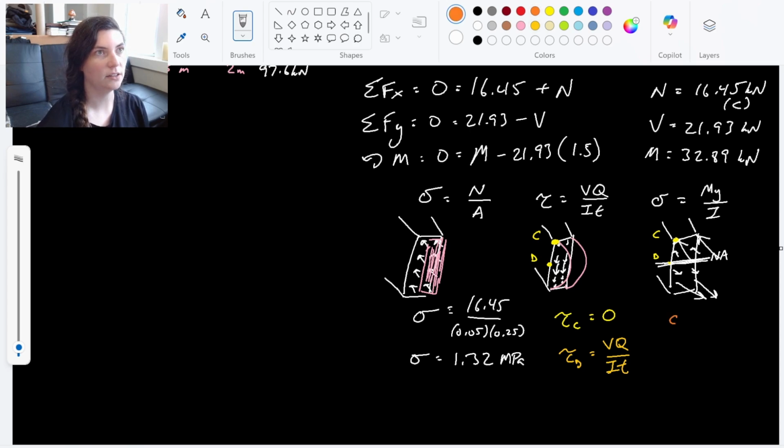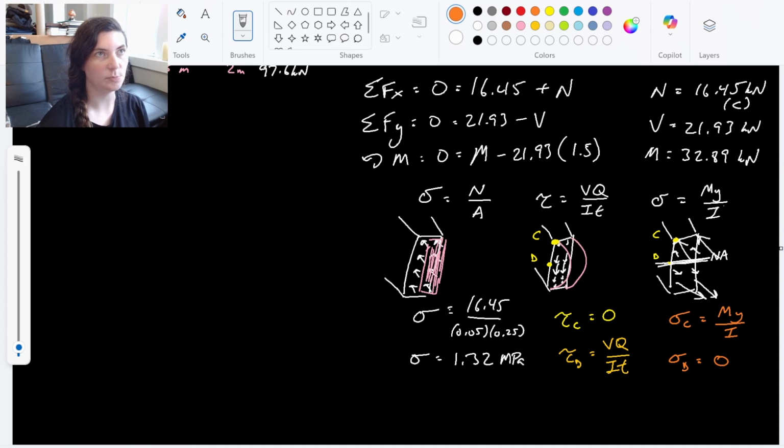So for this guy, our bending stress at C is going to be at a maximum, right? It's all the way out on the outer edge. Our bending stress is My over moment of inertia. But at D, there is no bending stress. It's 0.